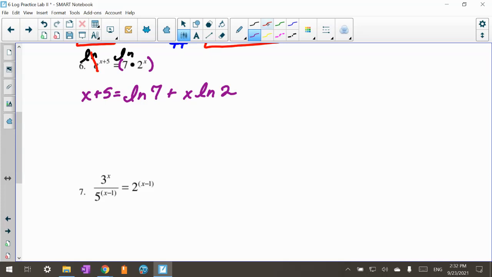Now I see this term has an x in it. This is a number, this is a number, this term has an x in it, so I'm going to move this over to the left and the 5 to the right. So I have x minus x ln 2 equals ln 7 minus 5. Factor out the x, divide by the glop.